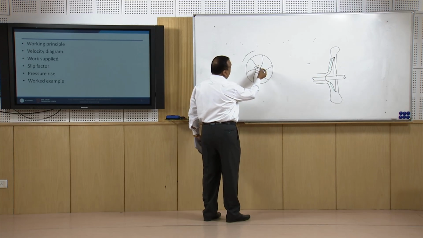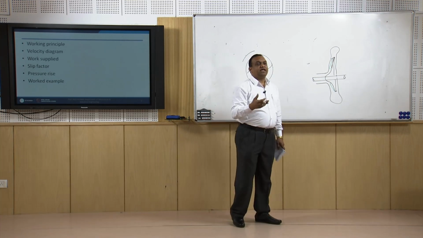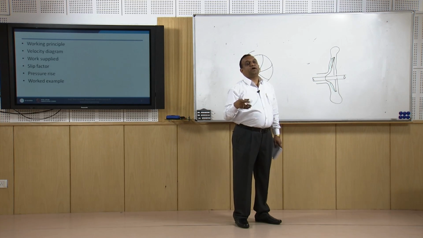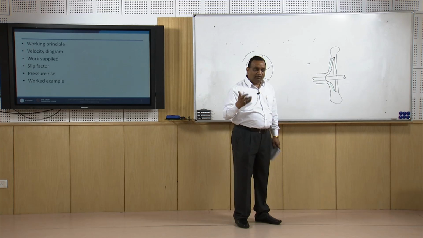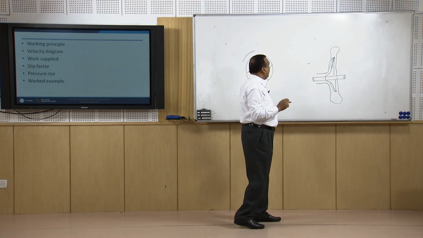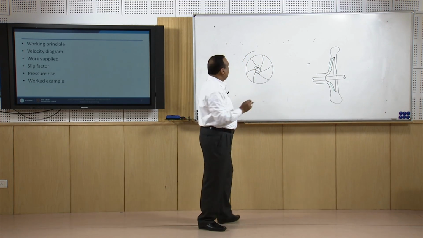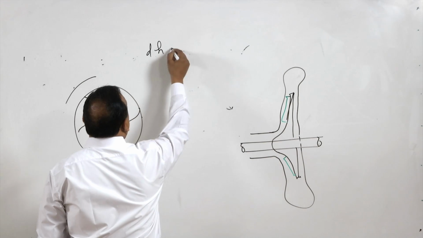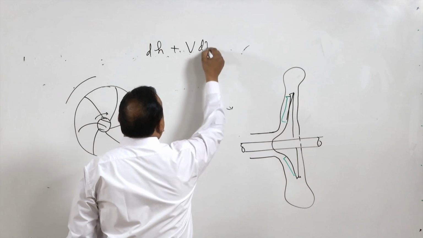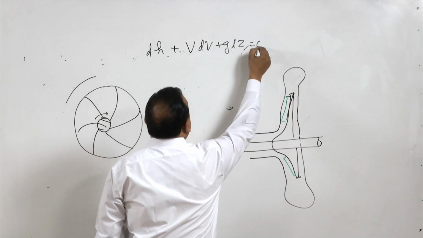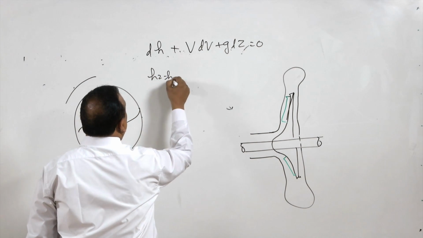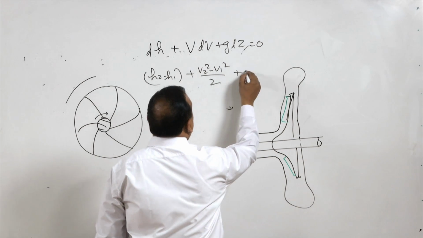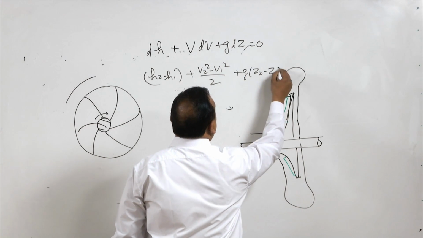Now, when the air enters this impeller, because it is already moving with very high rotational speed, this energy is imparted to the air. The air also starts moving with a very high velocity. Now if you look at the first law for an open system, it says that dH plus V dV plus g dZ is equal to 0, or H2 minus H1 plus (V2 square minus V1 square) by 2 plus g (Z2 minus Z1) is equal to 0.